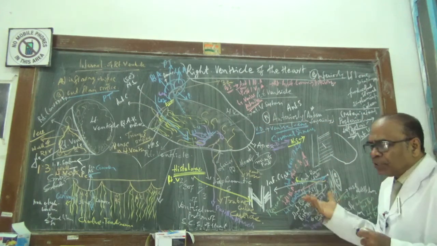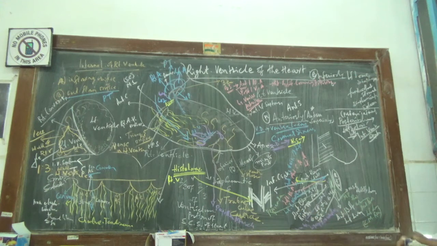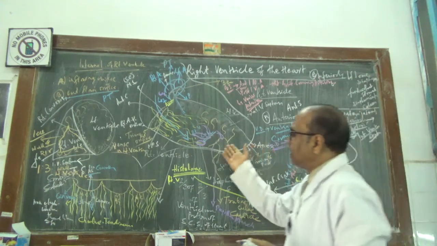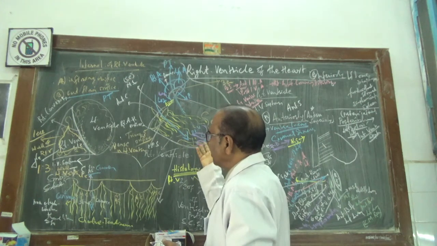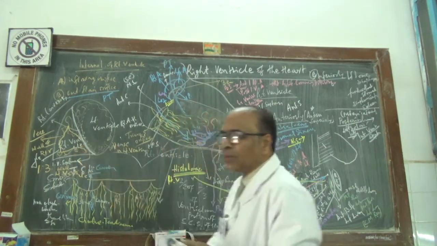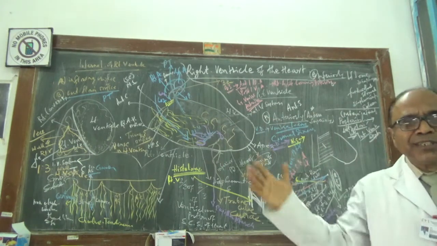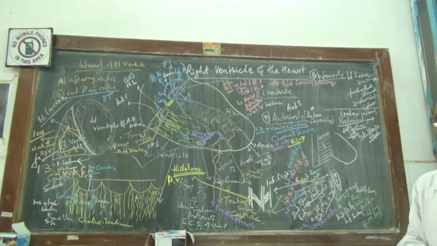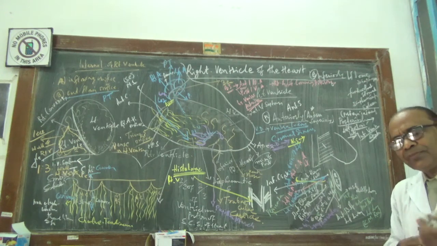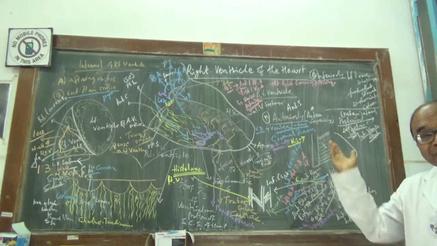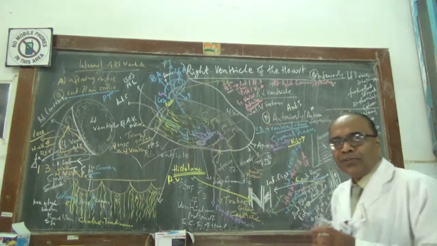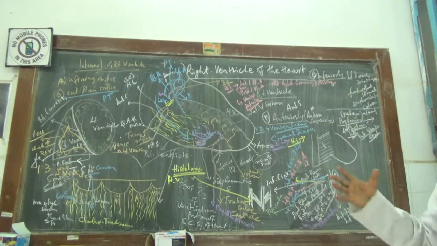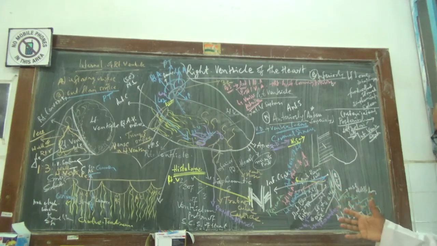So now you have got the applied anatomy of the heart. In this, the ventricle may increase in its size. That is called left ventricular hypertrophy. The same way you may get right ventricular hypertrophy, increasing the size and the entire thing of the right ventricle.